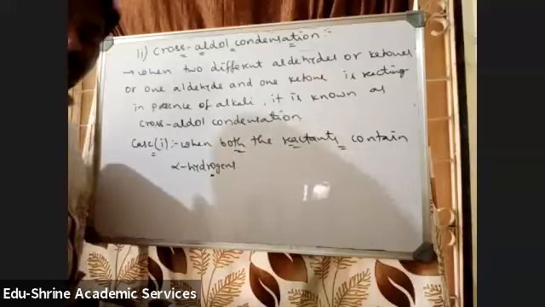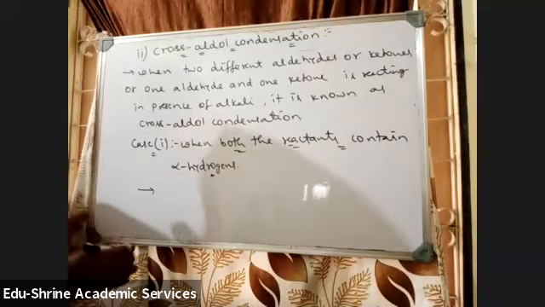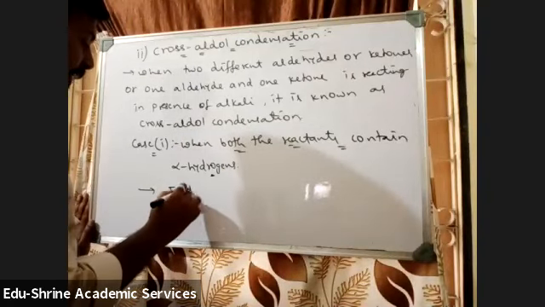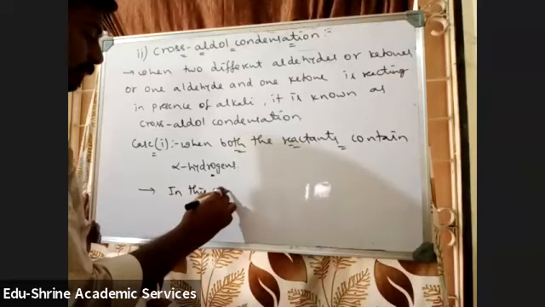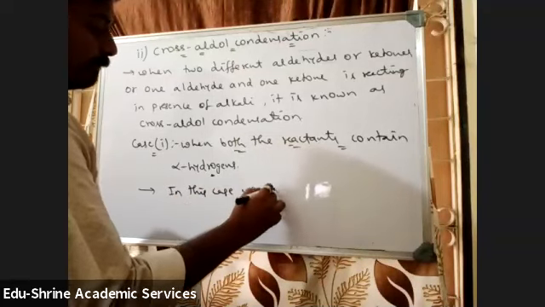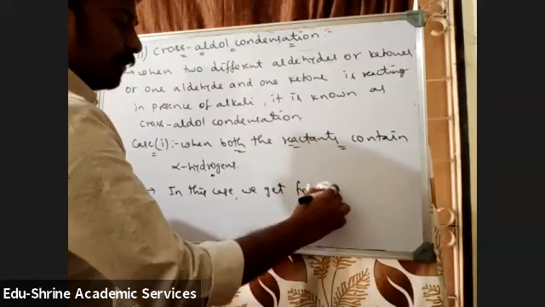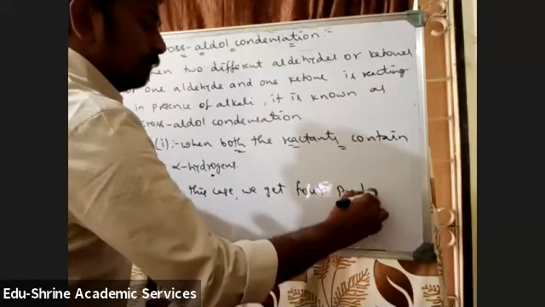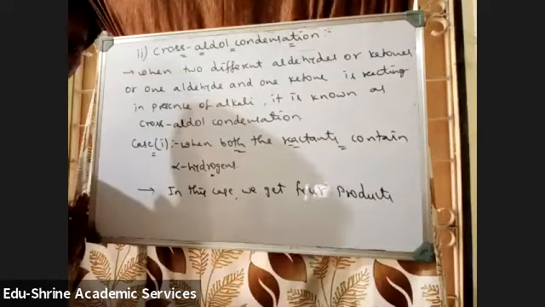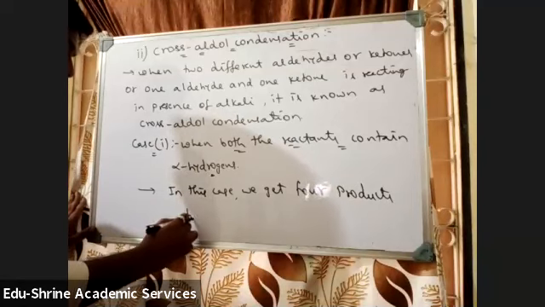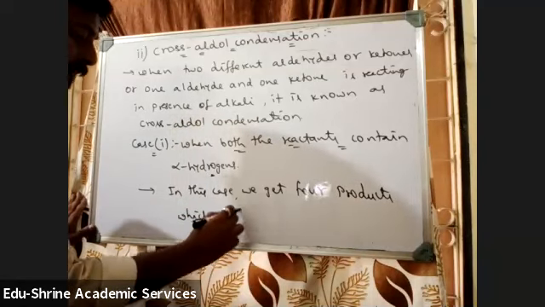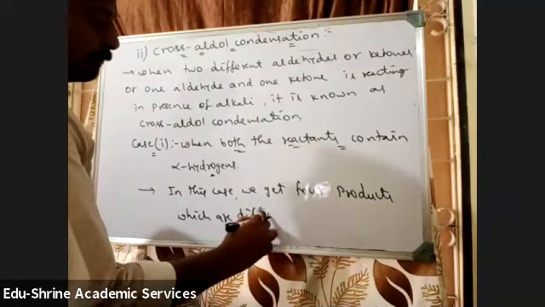So when both the reactants contain alpha hydrogens, in this case we get four products, which are difficult to separate.